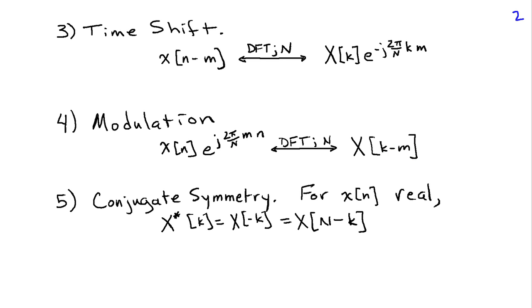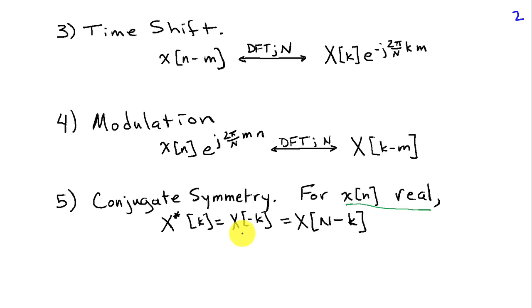And then there's the conjugate symmetry property, which we've also seen in the case of the other Fourier representations, and that is expressed as follows. Assuming the signal x of n is real, then the conjugate of X of k is identical to X of minus k.